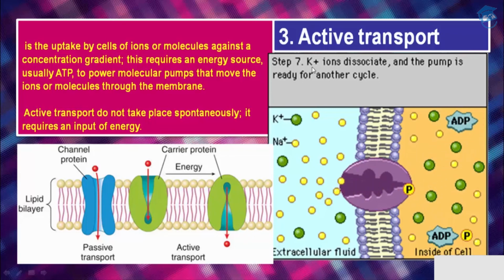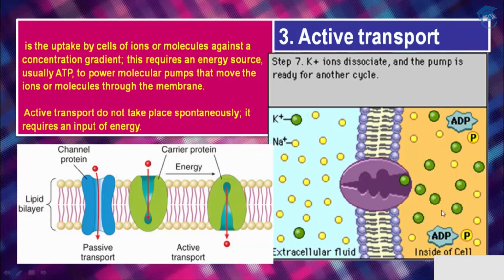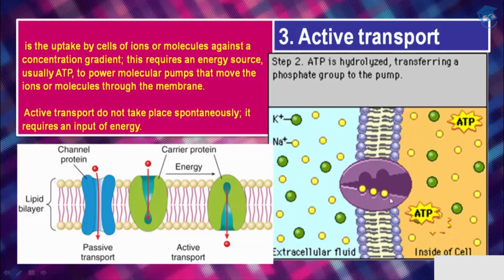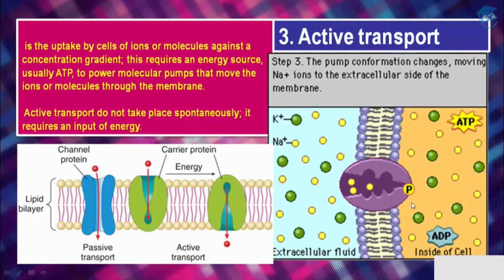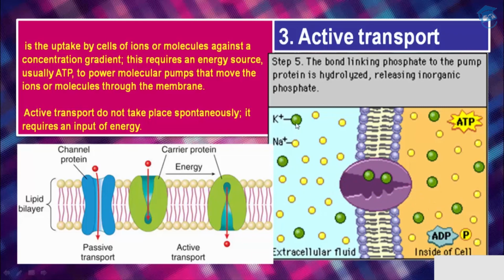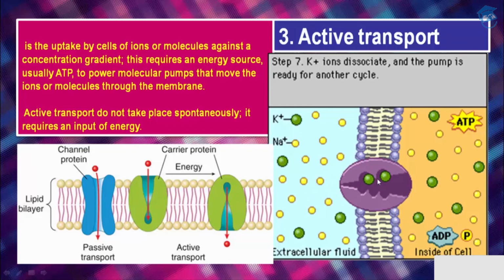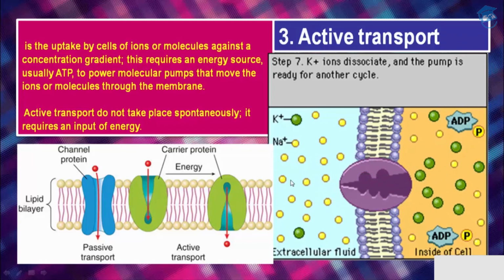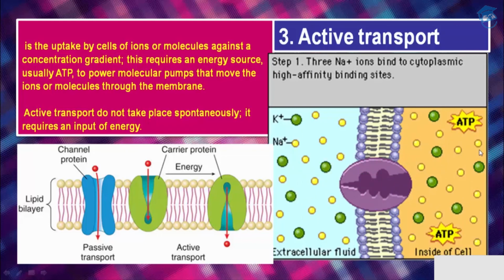Okay, so let's see here. This is the extracellular fluid and this is the inside of the cell, and this is the protein. So 3 Na+ ions bind to it, ATP is hydrolyzed and transfers the phosphate group, and conformational changes take place. This is potassium, which binds here and moves to the inside of the cell, and then 3 Na+ bind and move here, and 2 K+ bind and go here.